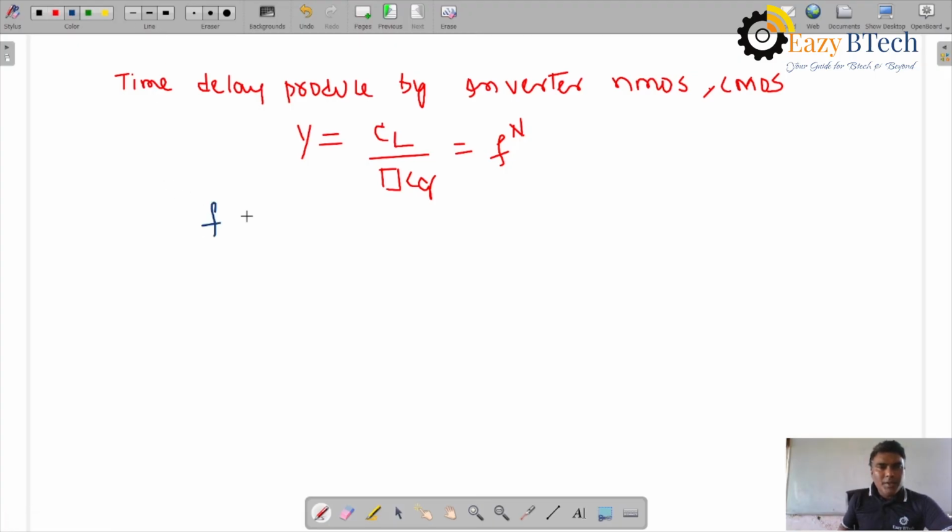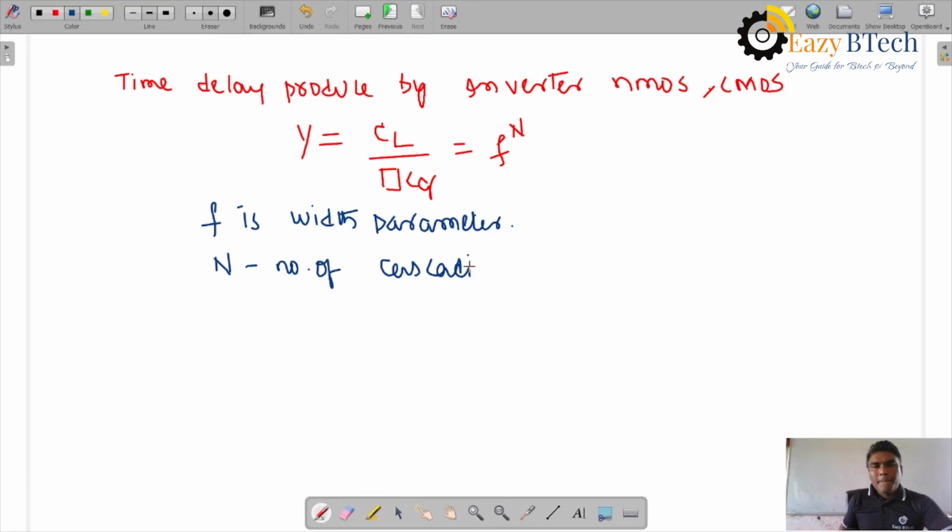F is a width parameter, n is the number of cascading connections.